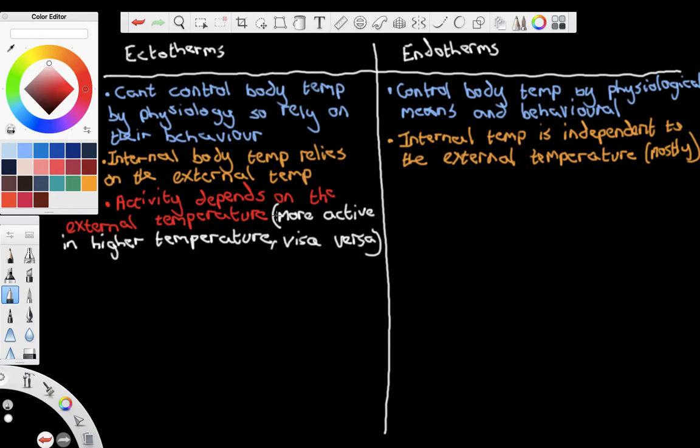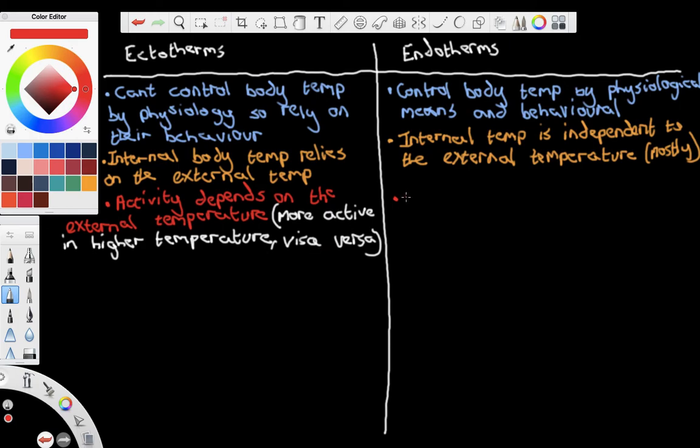Whereas endotherms have their activity independent of external temperature. No matter what the temperature is in the environment, you are still active. A lot of you might whinge and go, oh, I'm not going outside, it's too cold. However, if you had to run for your life, you could run through the snow, okay?